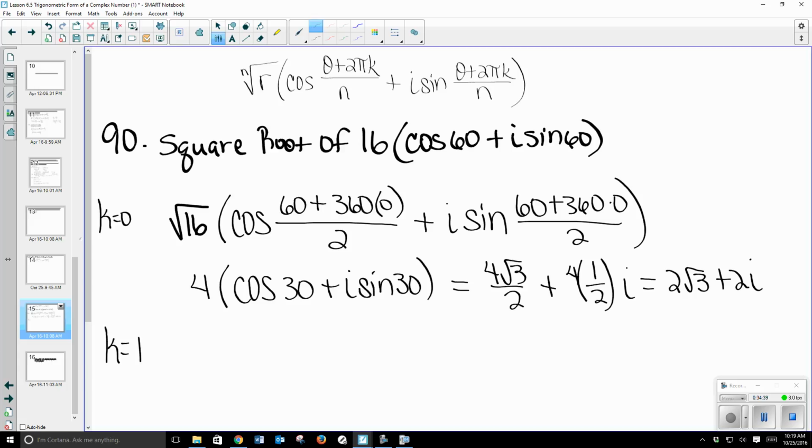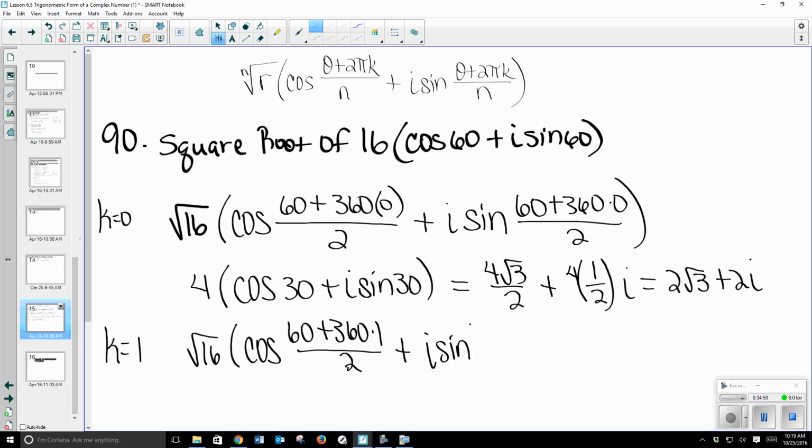We have to do k equals 1. So it's the square root of 16 cosine 60 plus 360 times 1 over 2 plus i sine of 60 plus 360 times 1 over 2.